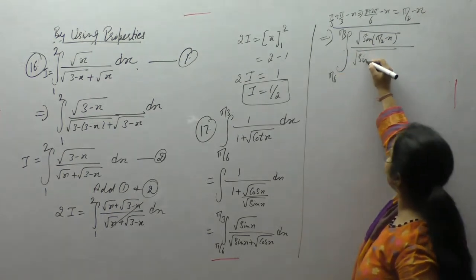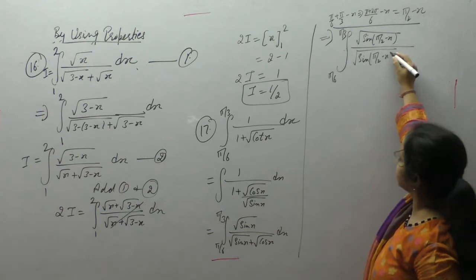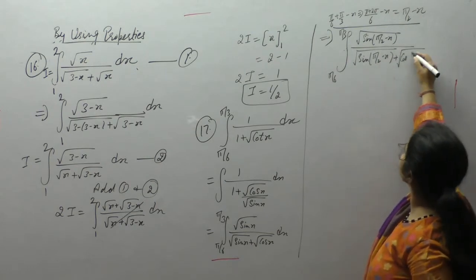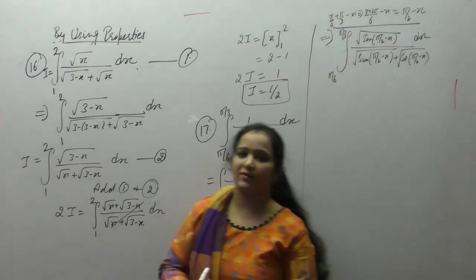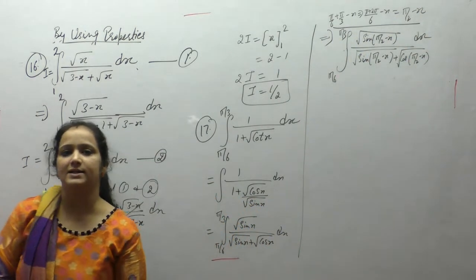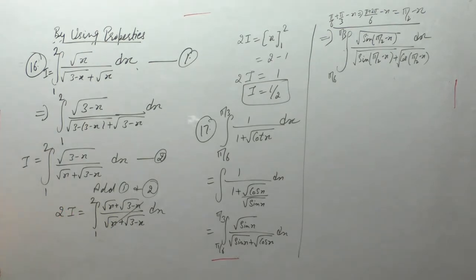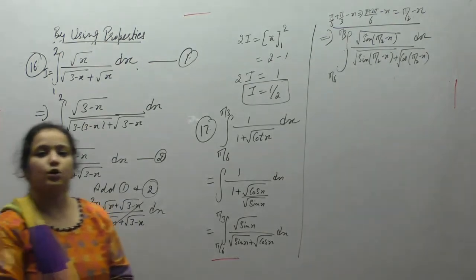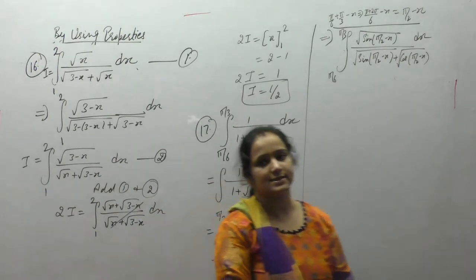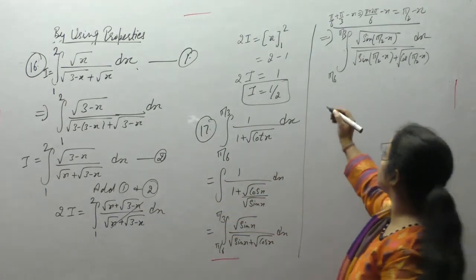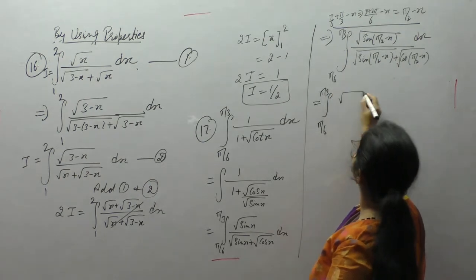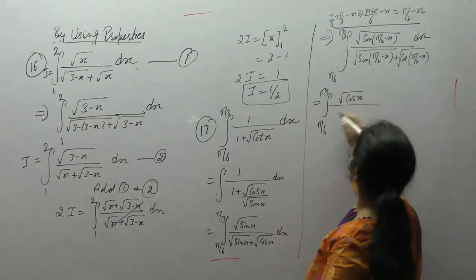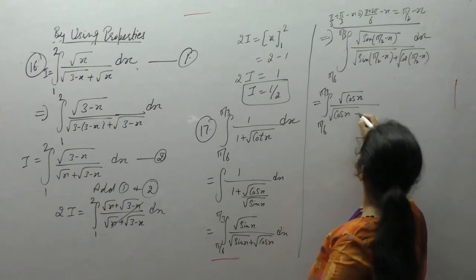Square root of sine pi by 2 minus x plus cos pi by 2 minus x. What is the value for sine 90 minus theta? Sine 90 minus theta is cos theta and cos 90 minus theta is sine theta. So write the values here. Sine 90 minus theta is cos and cos 90 minus is sine.